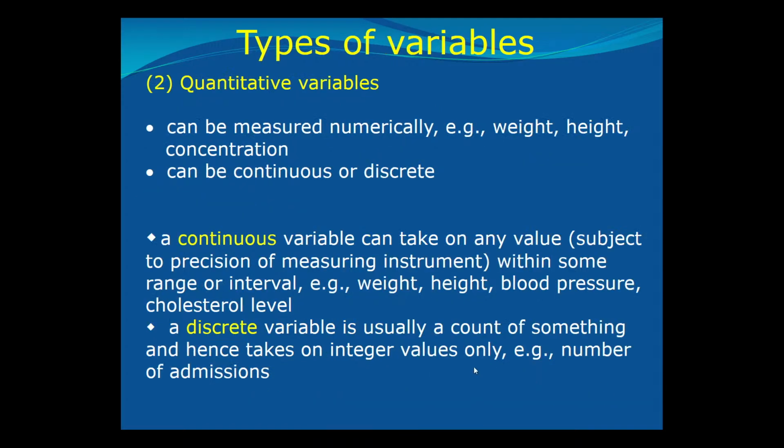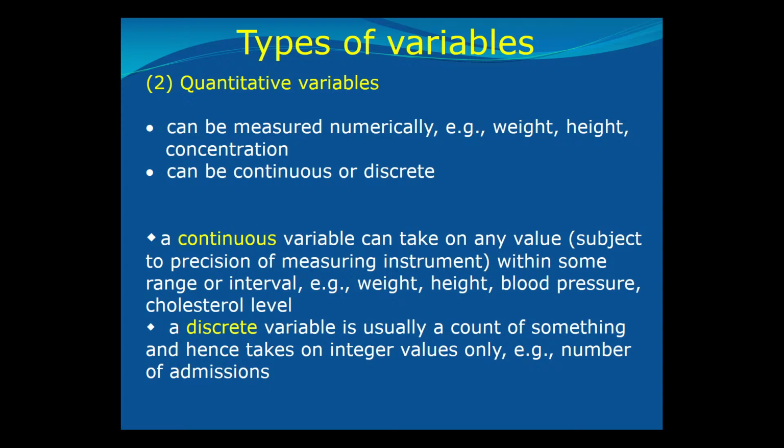Quantitative variables can be measured numerically, and a lot of variables are quantitative variables: height, weight, concentration, level of sugar. They can be continuous or discrete. A discrete variable is usually a count of something and hence takes integer values only.